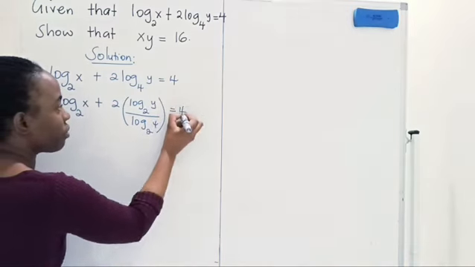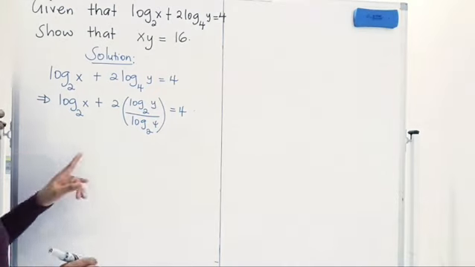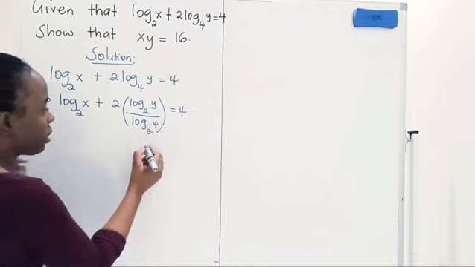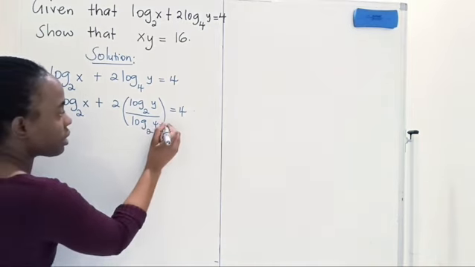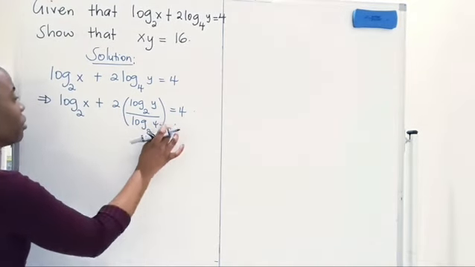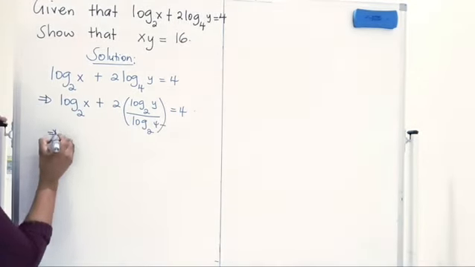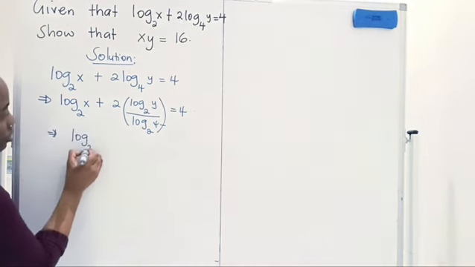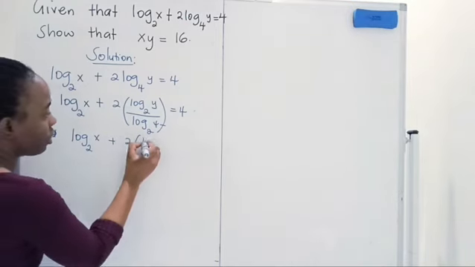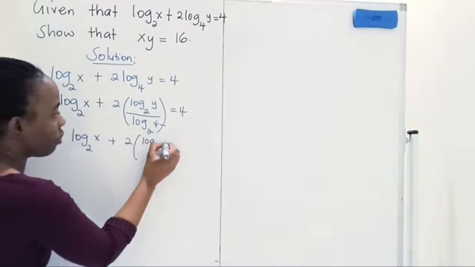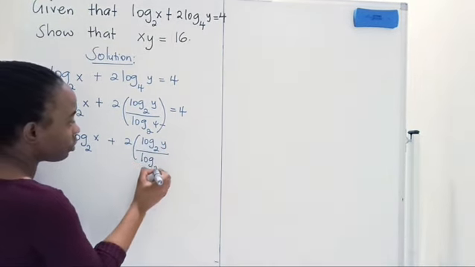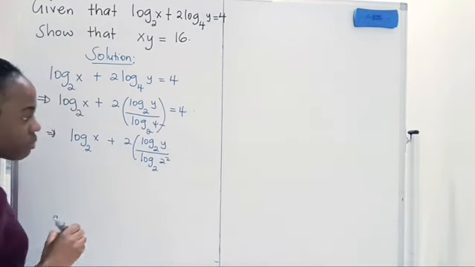This is equal to 4. Now, you find that 4 is 2 squared, not so? So I will have log 2 of x plus 2 into log 2 of y divided by log 2 of 2 squared.